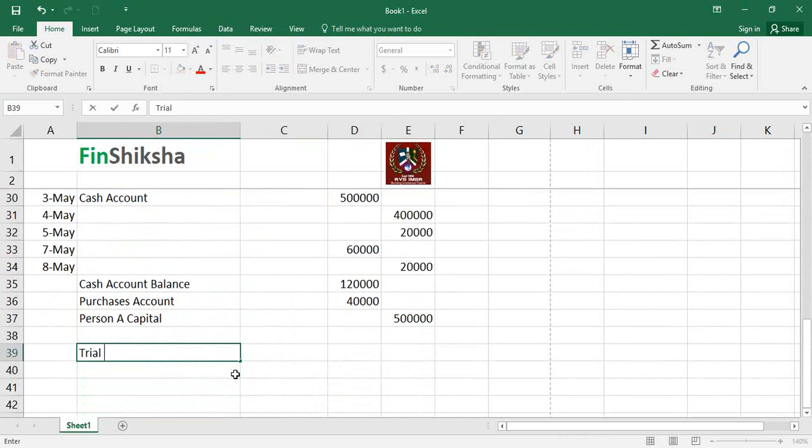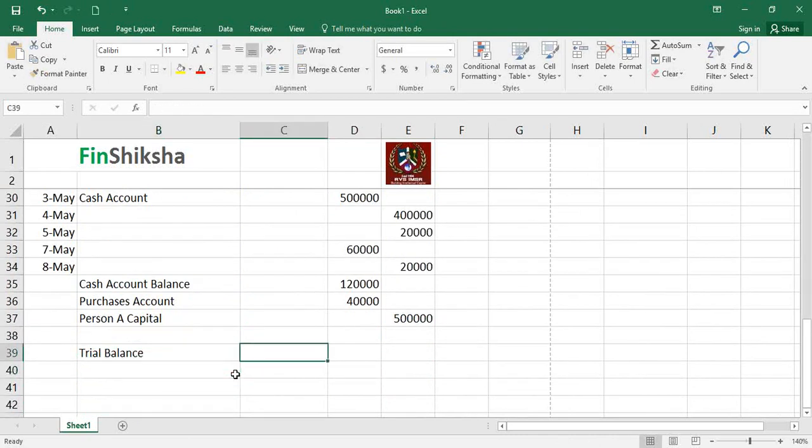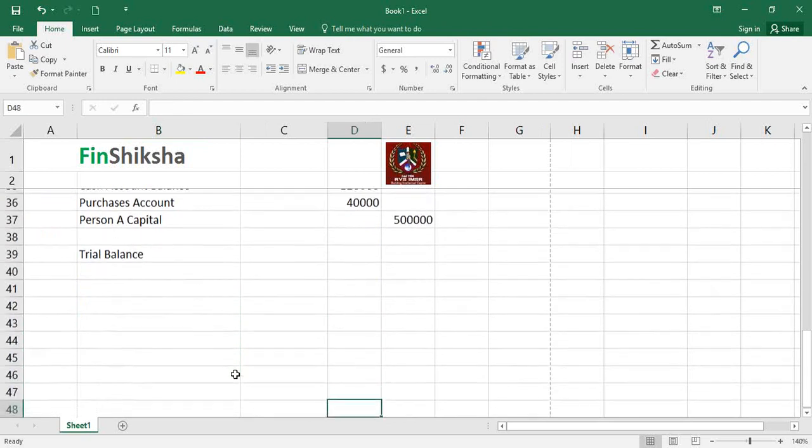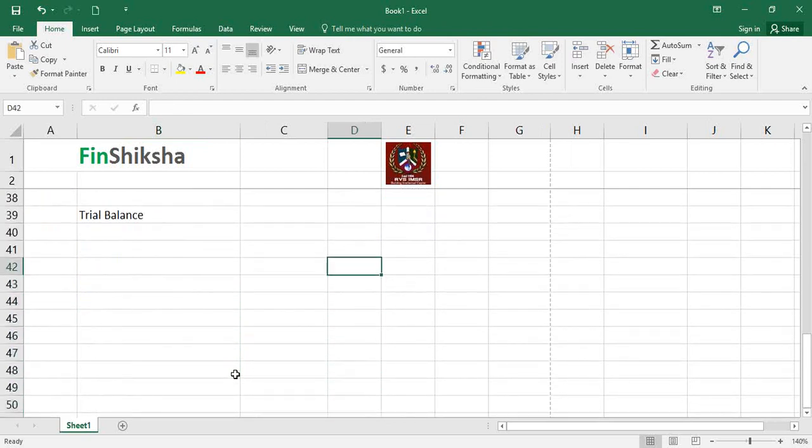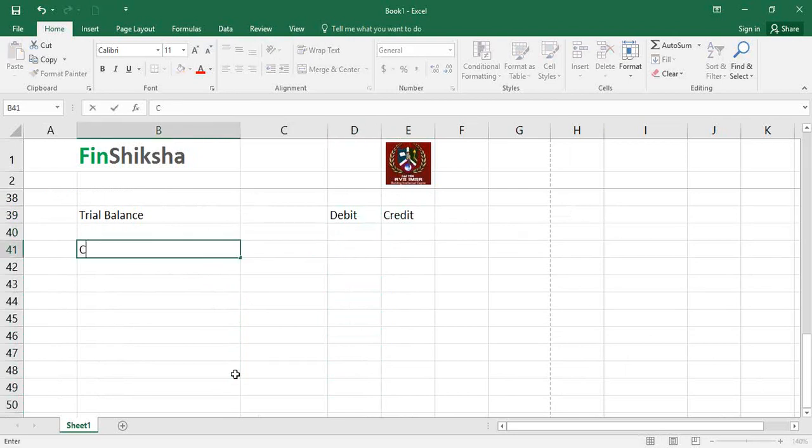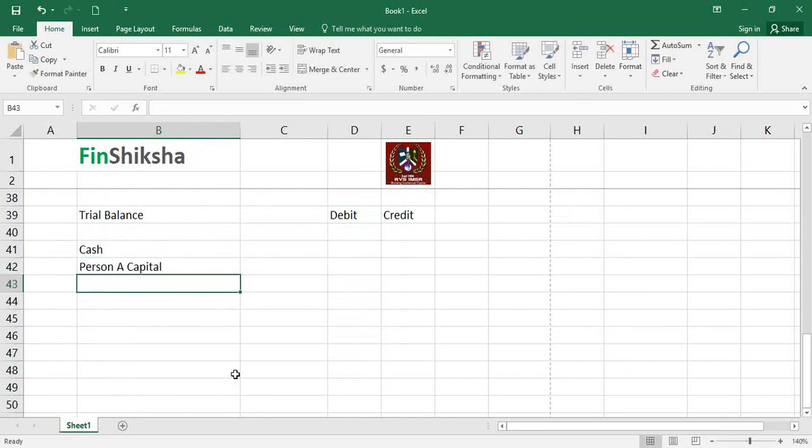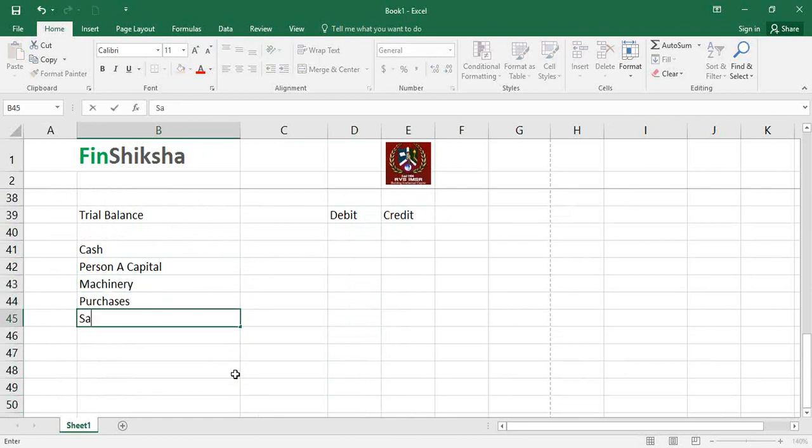trial balance out of it, a trial balance is going to have all these account headers, and it will have a debit and a credit, and the debit should match the credits, right? So let's put cash, let's put person A capital, let's put machinery, let's put purchases, let's put sales.